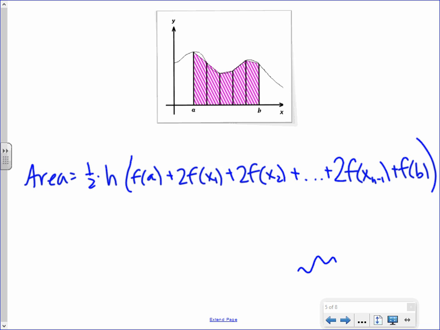Okay, now here's something I want you to recognize. When we were doing our rectangular approximations, how many numbers were in the parentheses? Number of rectangles, right? How many numbers are in this parentheses?